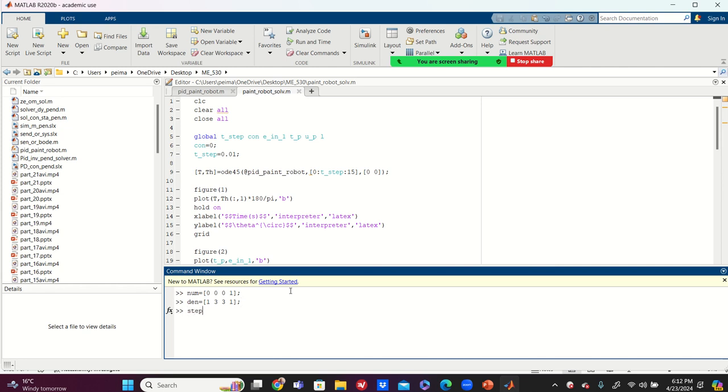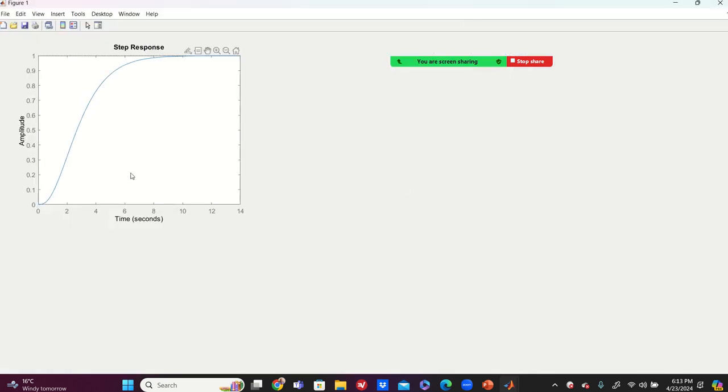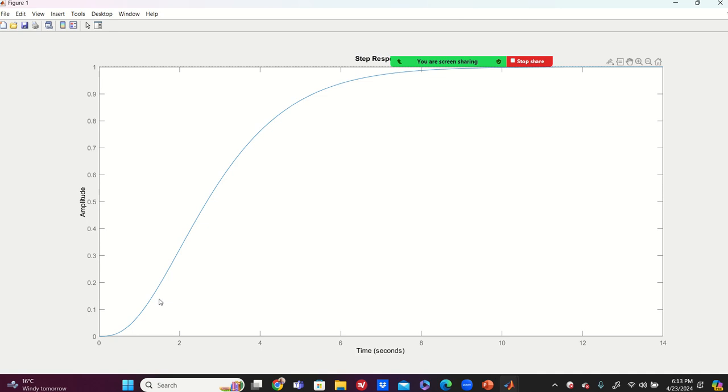If I plot the step response of num and den, it must show the S-shaped profile, if I'm not wrong. Yes, it does. See the S-shaped profile.